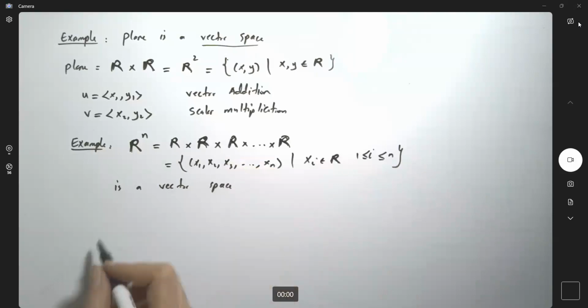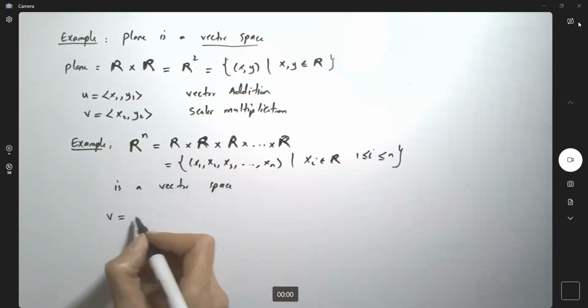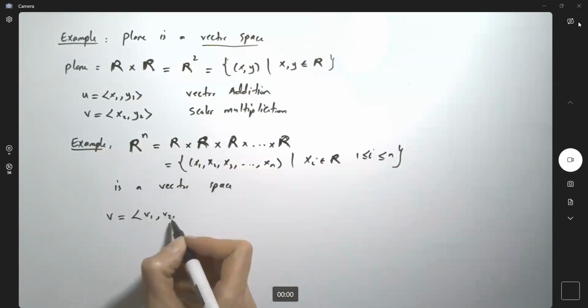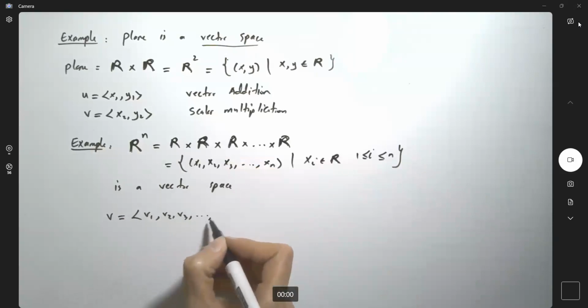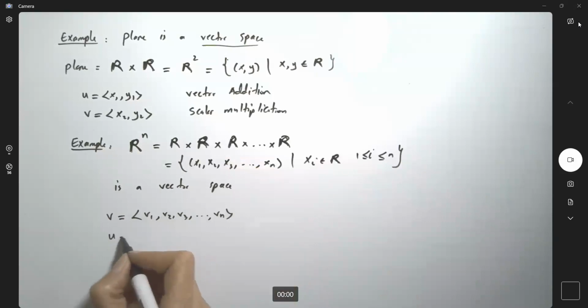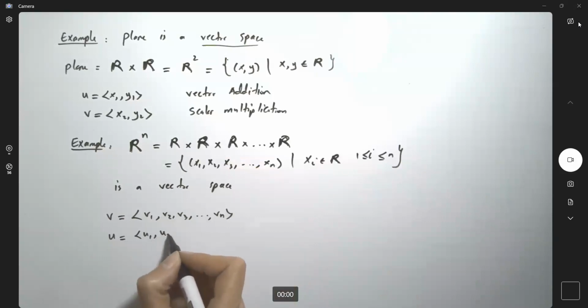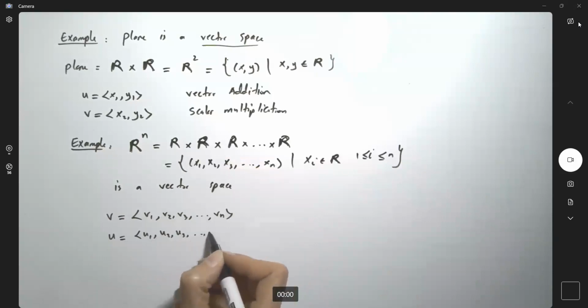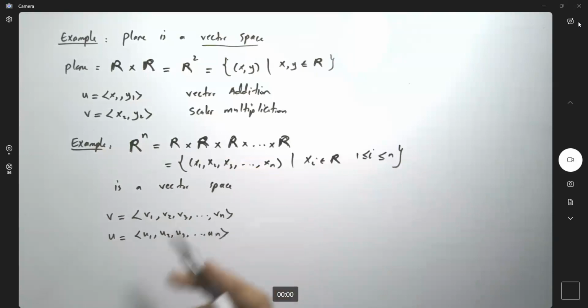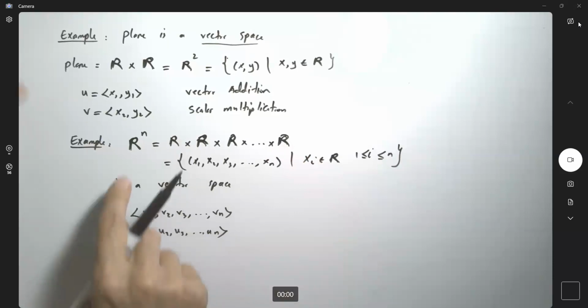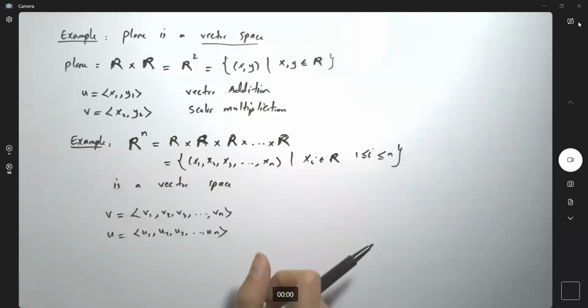For example, you can define vector v to be v1, v2, v3, ..., vn, and vector u to be u1, u2, u3, ..., un. The same as before. Vector addition and scalar multiplication makes Rn become a vector space.